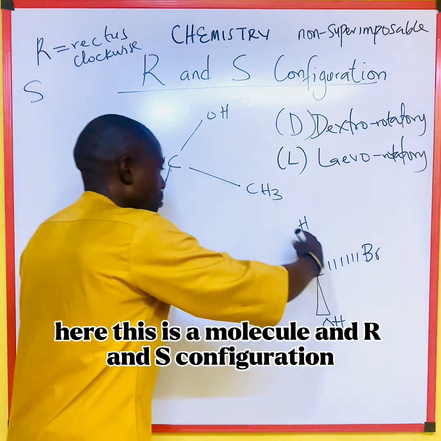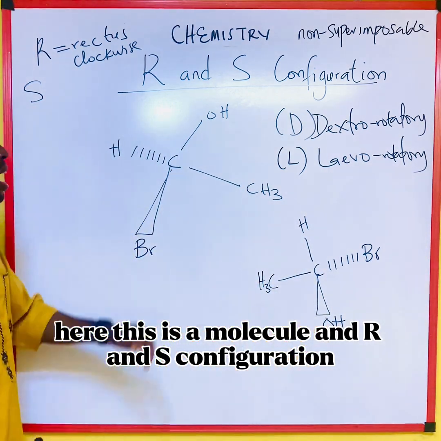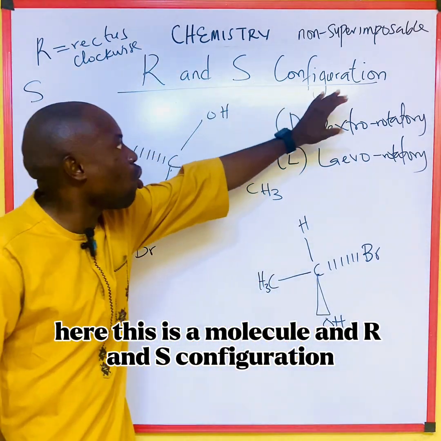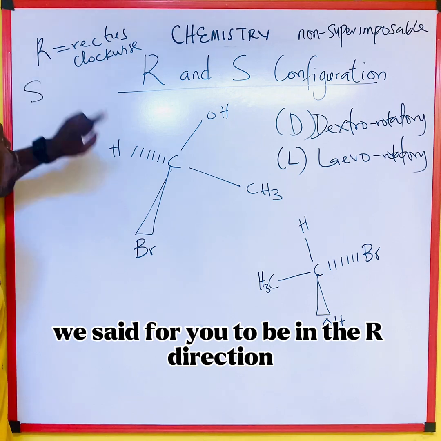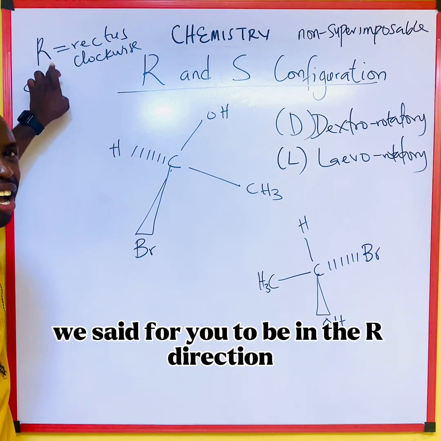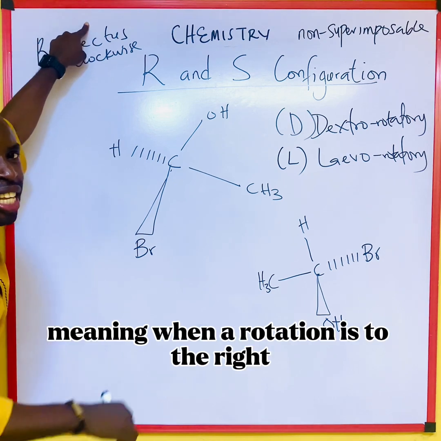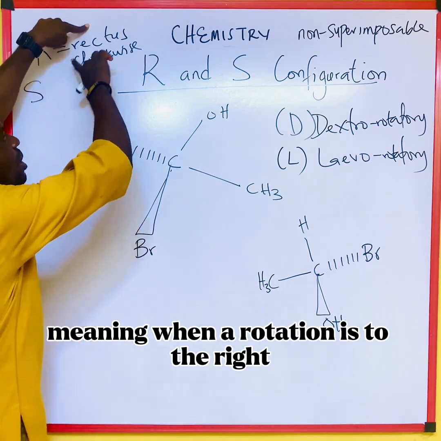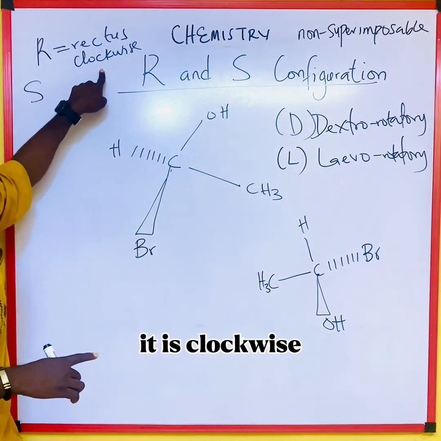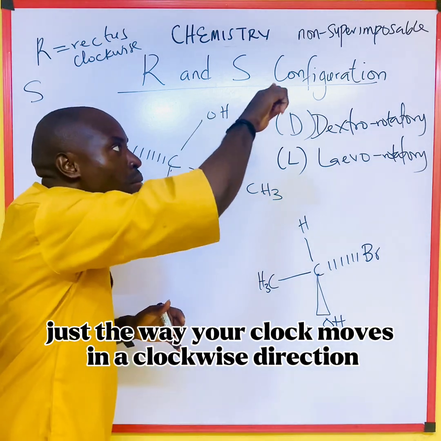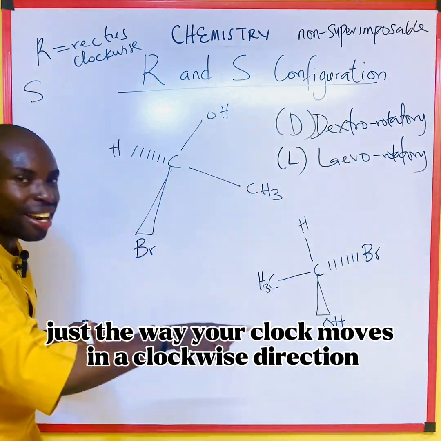Now, there are some examples of compounds given to us here. This is a molecule. In the R and S configuration, for you to be in the R direction, R means rectus, meaning the rotation is to the right, clockwise, just the way your clock moves in a clockwise direction.